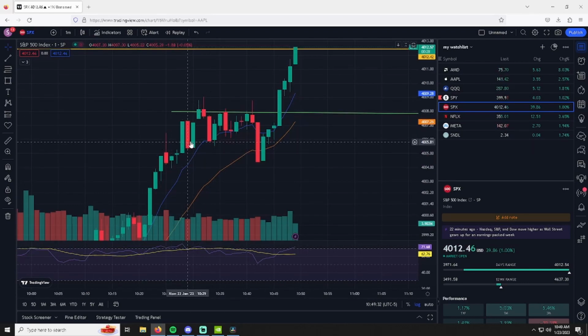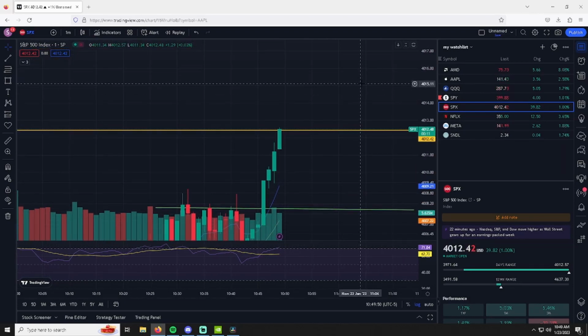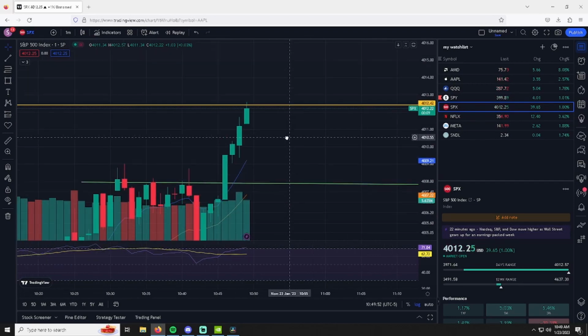As you can see here, we started a sell-off, and it ended up creating another little flag, a bearish flag, selling off very strongly, but buyers stepped back in, completely taking control. Obviously right now buyers are in control, but we're having a reversal off this level.